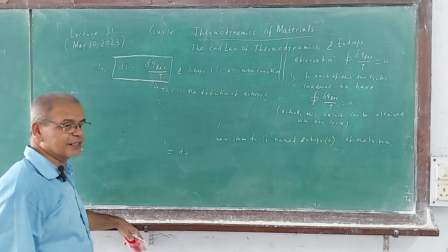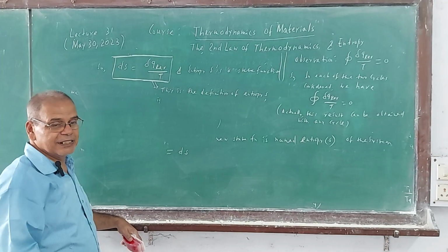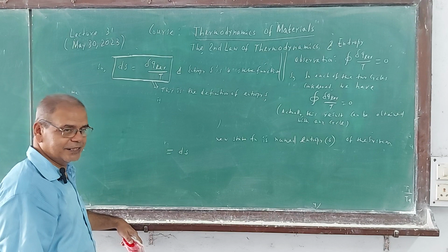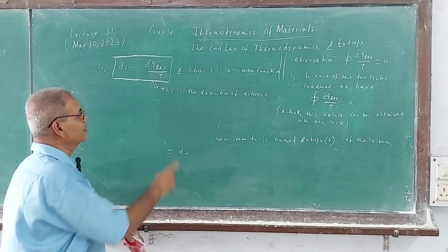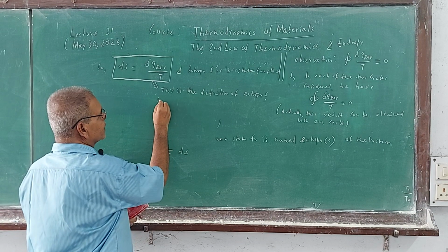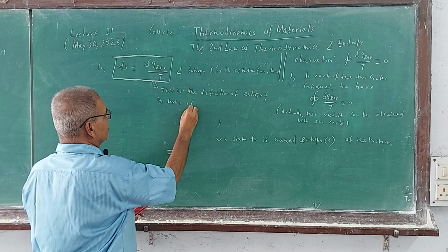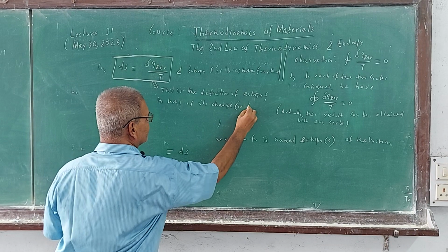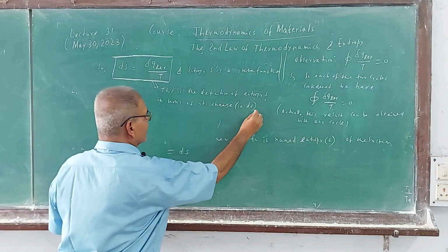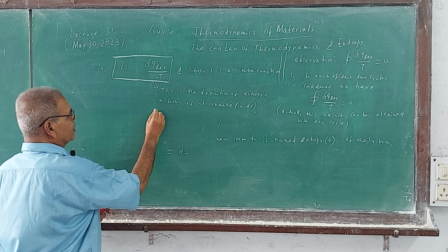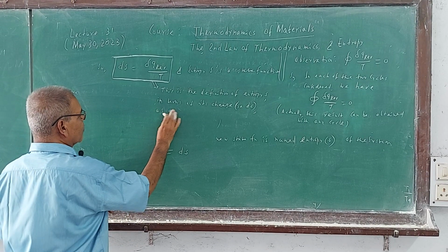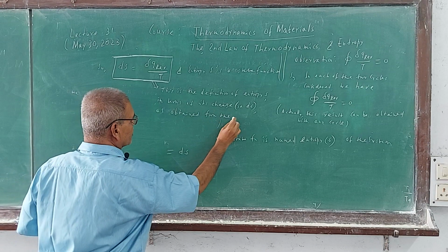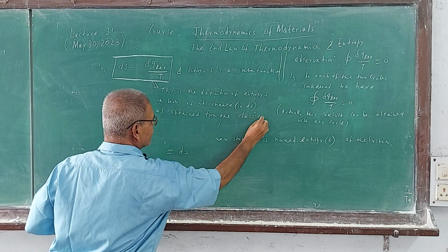Entropy is such a function that dS is dq reversible divided by T. This is the definition of entropy in terms of its change, dS, as obtained from classical thermodynamics.